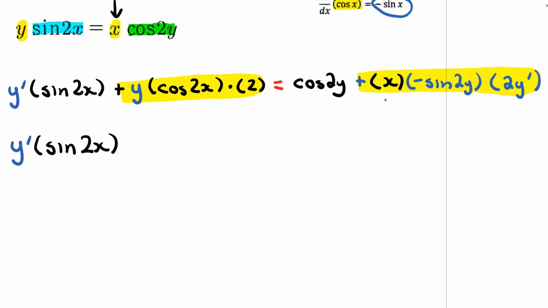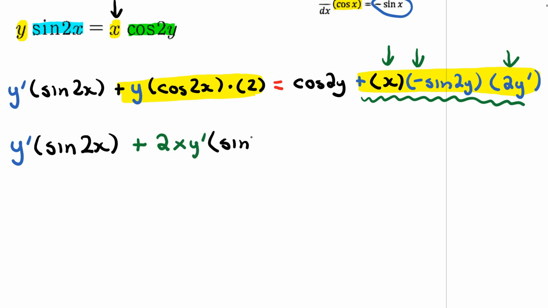Then for this term over here, I have an x multiplying with a negative coefficient and a 2y prime. If I bring that all to the left-hand side, it becomes positive 2x y prime, and then I multiply that by sine of 2y.